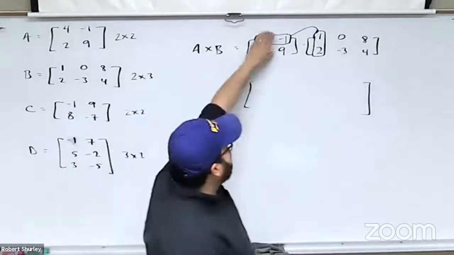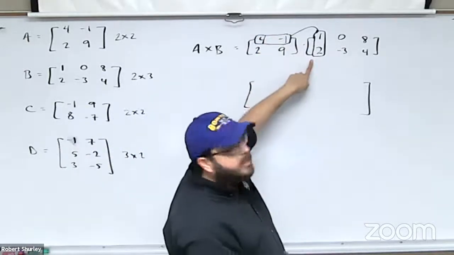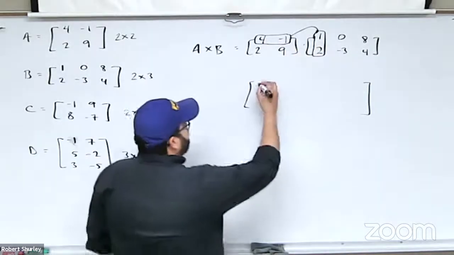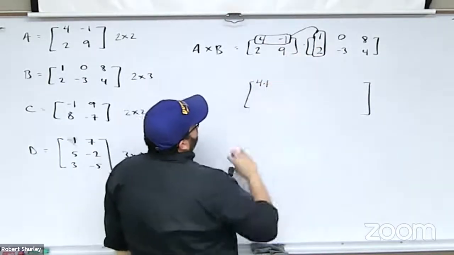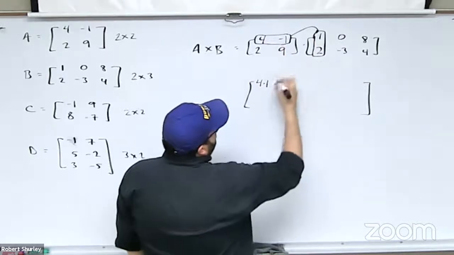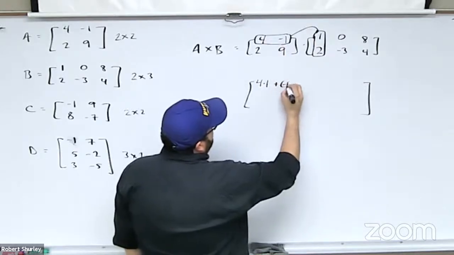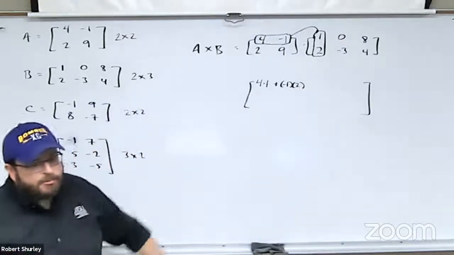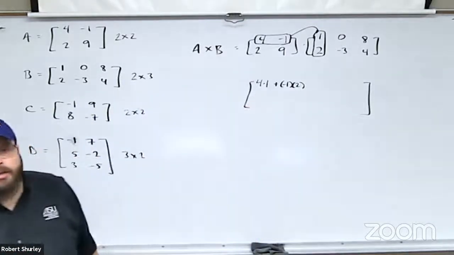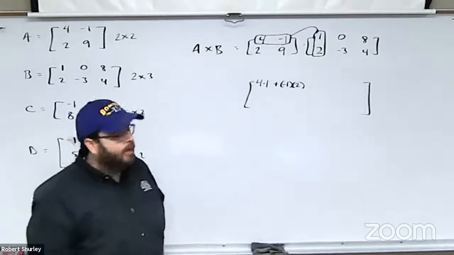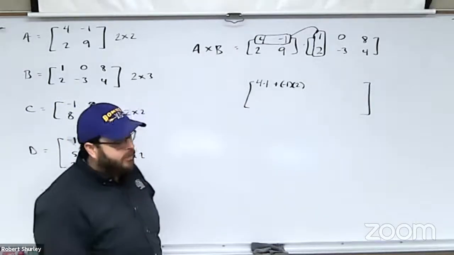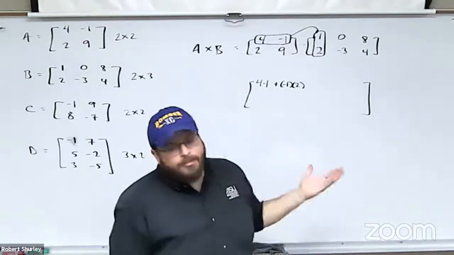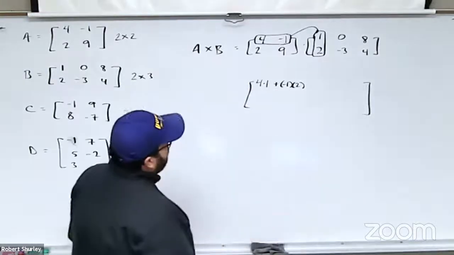So if I think of putting this into this column, notice the 4 and the 1 would overlap. So I'm going to say 4 times 1. And the -1 and the 2 would overlap. So plus -1 times 2. And that's my first position for my product matrix. So 4 times 1 is 4, plus -2, so it'll wind up being 2 when we get there.